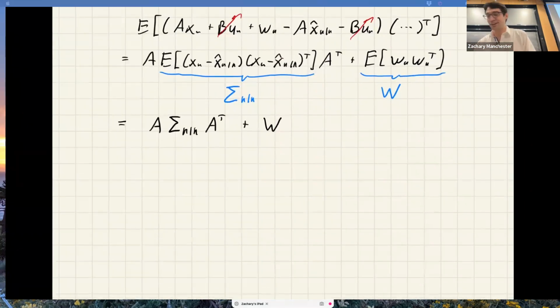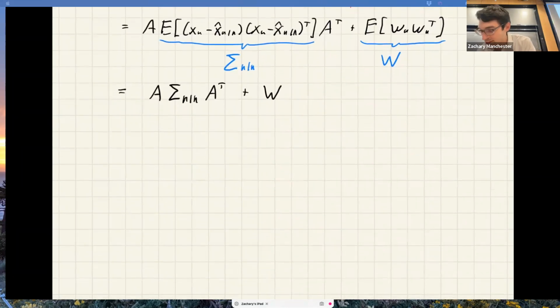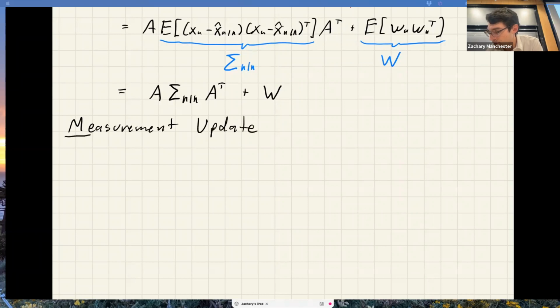That's easy. The next part is the measurement update. This part's a little trickier, but still, there's nothing super surprising in here if you think about what's going on. We're going to do the minimum mean squared error thing, but I'm going to define some machinery first. First, we're going to define this thing called the innovation.